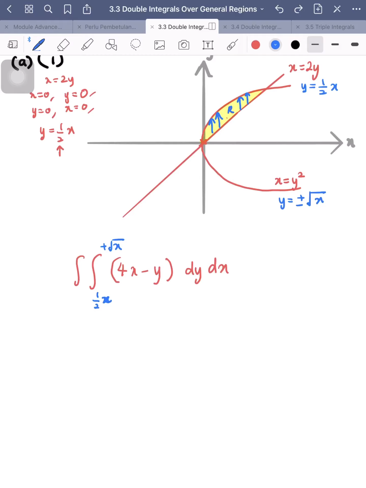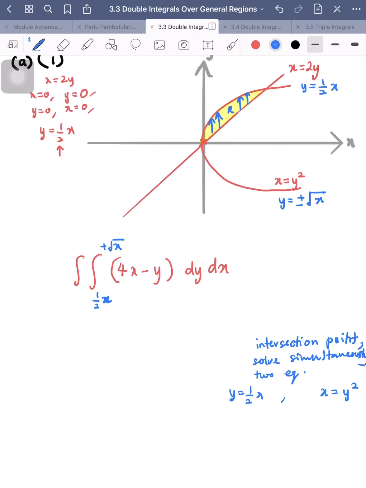So one equation is y equal to 1 over 2 x, and another equation is x equal to y squared.